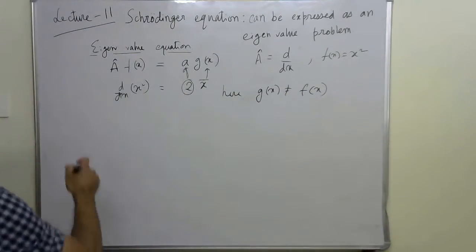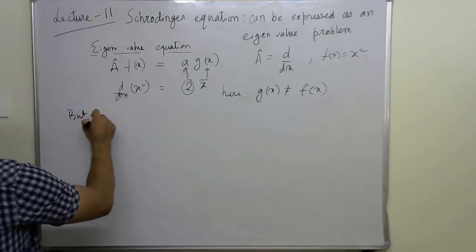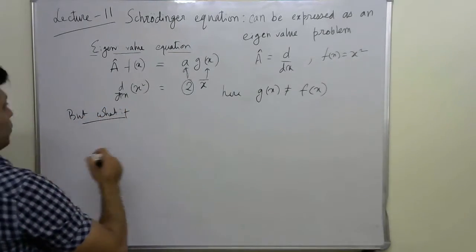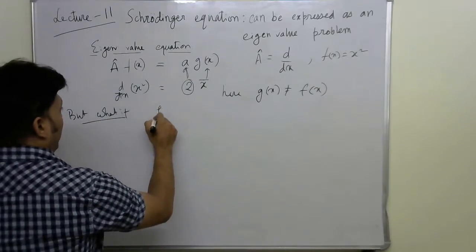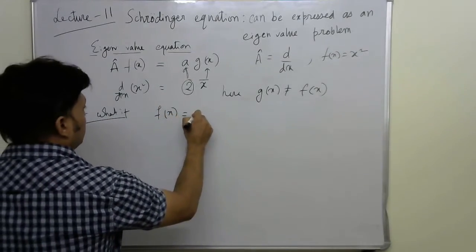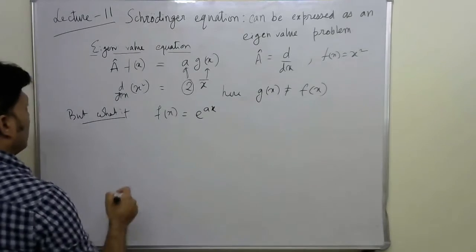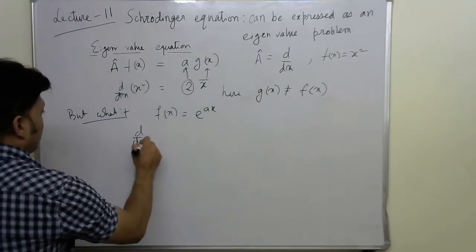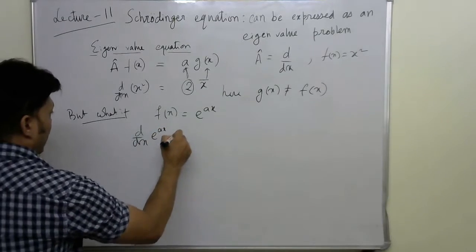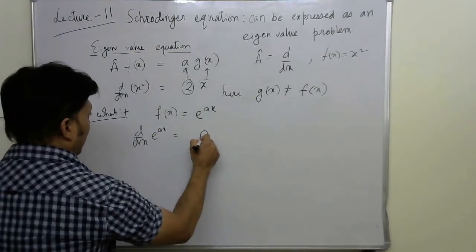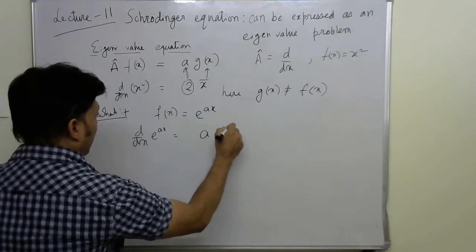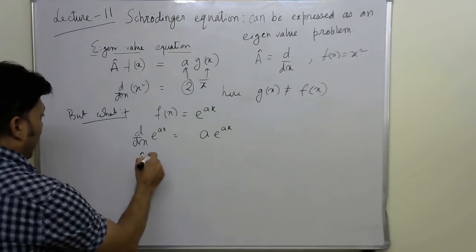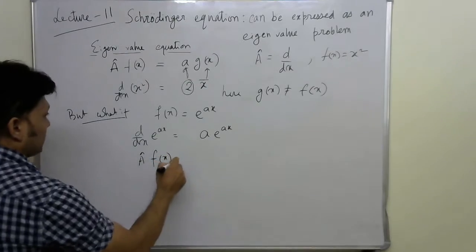But the question is, what if my f(x) is e to the power ax? If we take the first derivative of e to the power ax, we get a times e to the power ax, and here we can also write that as operator A operating on f(x).